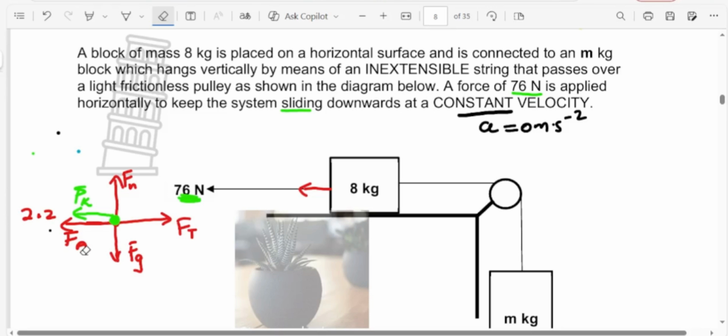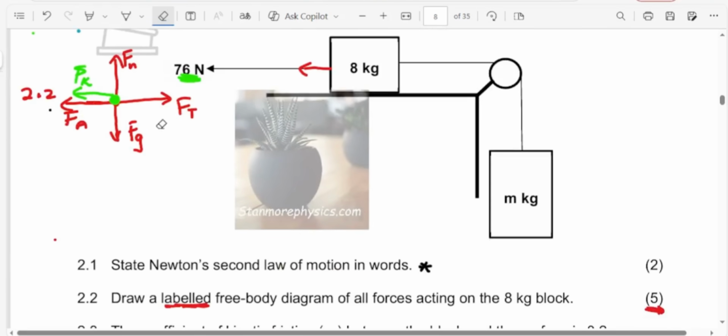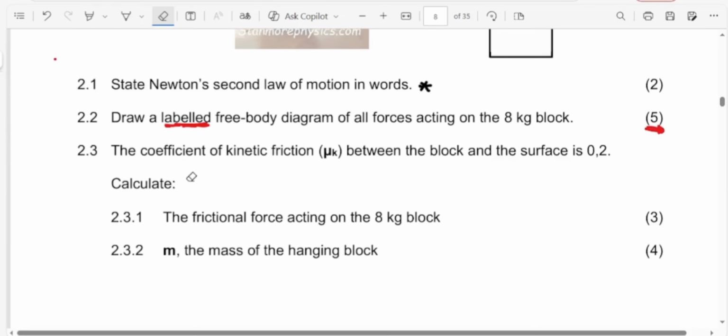This is what is currently happening on this problem. The object is moving to the right, so that the mg can move down. So now where will friction go? To the left. Right, so if you get it right, you'll be able to do your calculations.